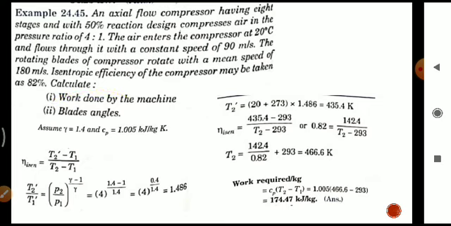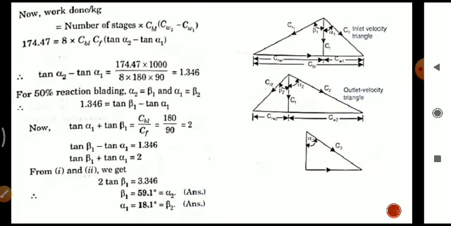For that, again we use the equation of work done in terms of blade angles. Work done can be written as blade velocity into (Cw2 minus Cw1), into the number of stages. I already mentioned in the beginning that the blade velocity equation gives the work done for only one set of blades.